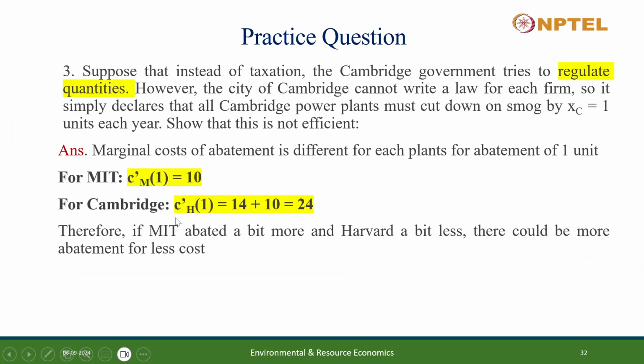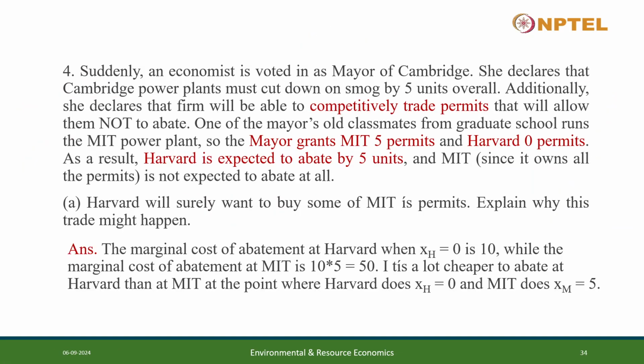So here what we are trying to say is that the marginal abatement cost for Harvard when xh is equal to 0 is 10, while the marginal cost of abatement at MIT is 10 into 5, for abatement of 5 units of emission, which is 50.